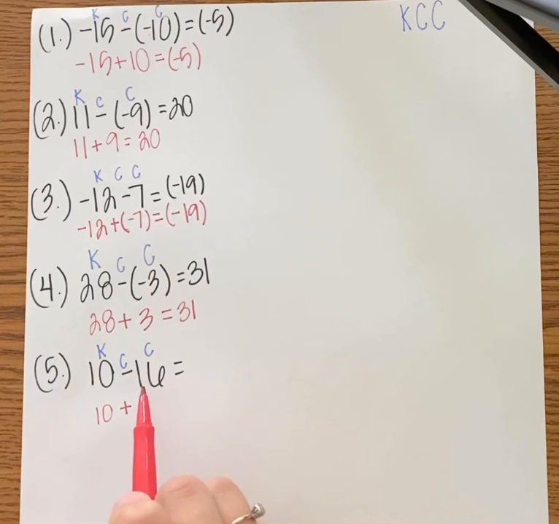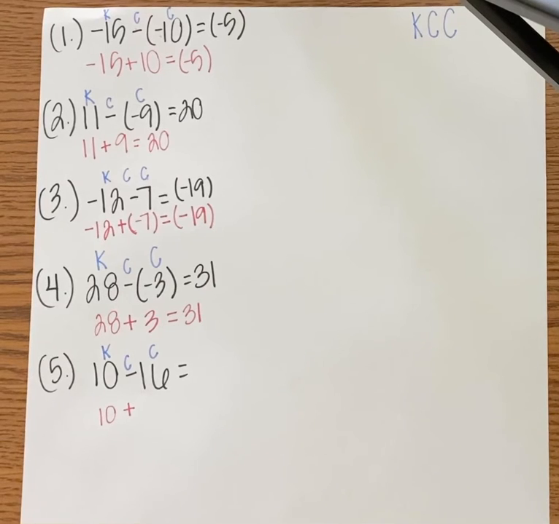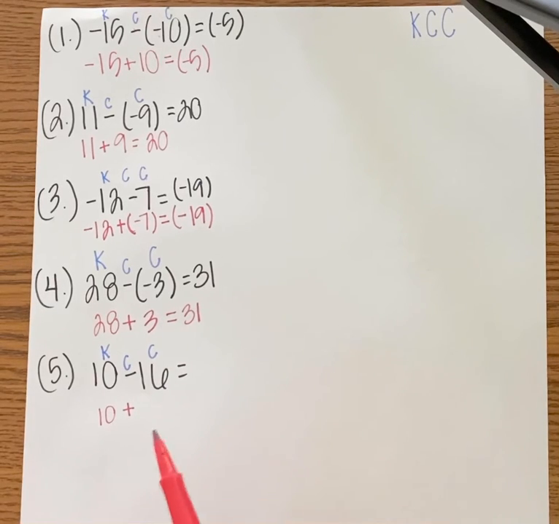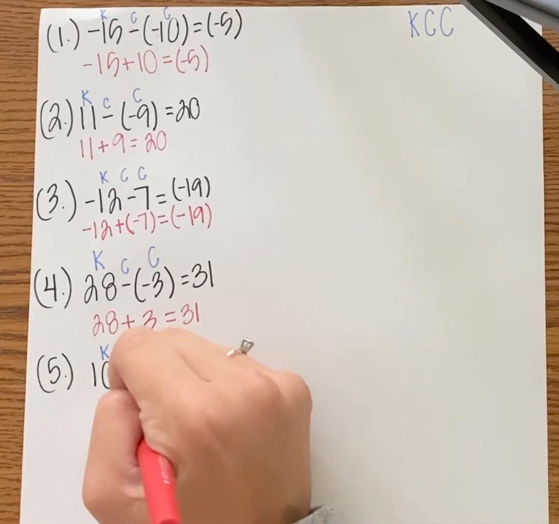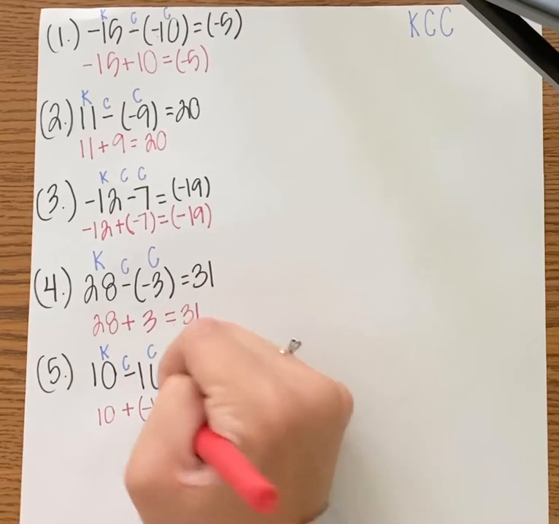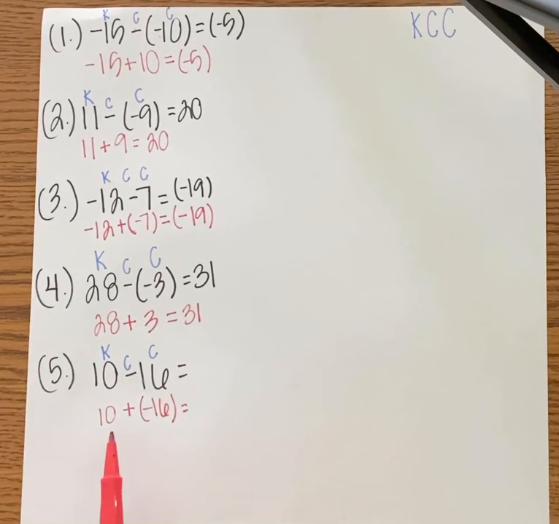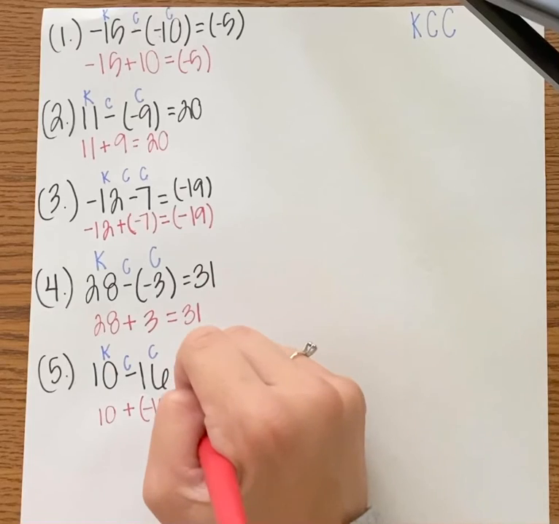I change, and remember, I said this earlier, since this 16 is not in parentheses and there's not a negative sign directly next to it, connected to that 16, this is technically a positive 16. So we're going to change that positive 16 to a negative 16. Adding a negative is kind of like subtracting. So I just do 16 minus 10, which is 6.